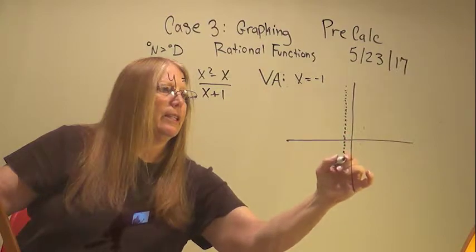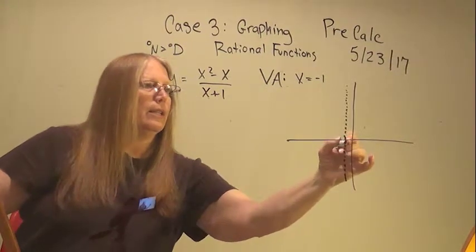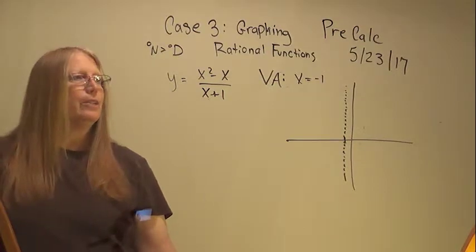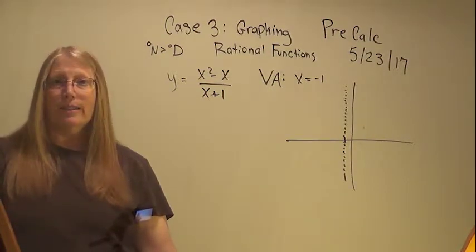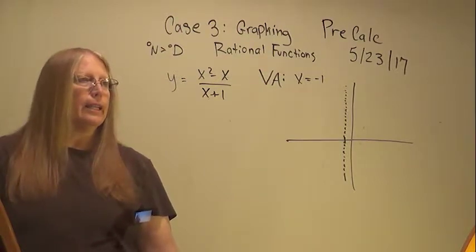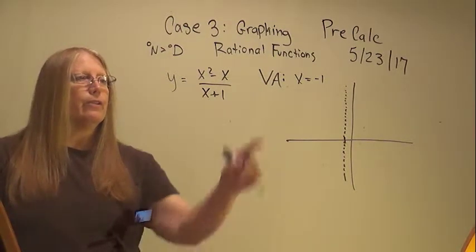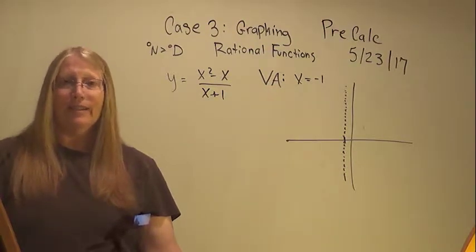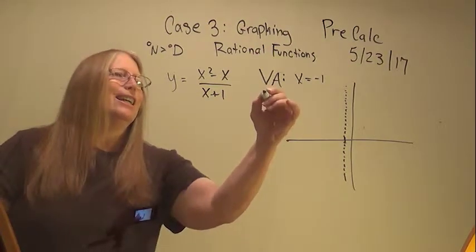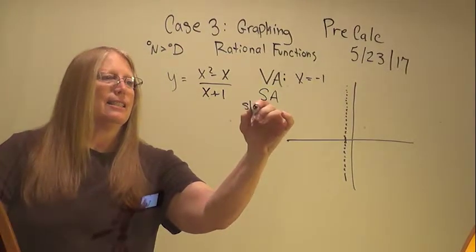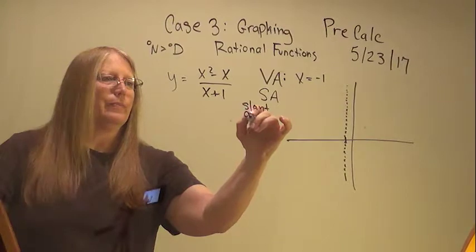That's no different than case 1 or case 2. Those are very strong vertical asymptotes. You cannot cross them at any time or touch them, like an electric fence. However, there's no HA in this, so it's not a VA-HA-HA, it's a VA-SA-SA. So SA, and that stands for slant asymptote.